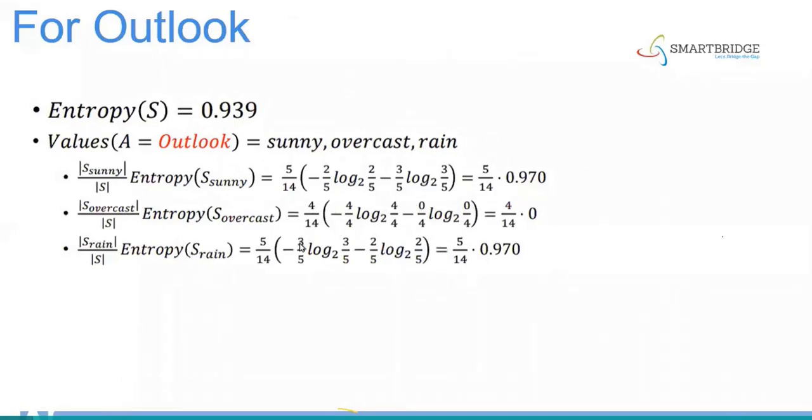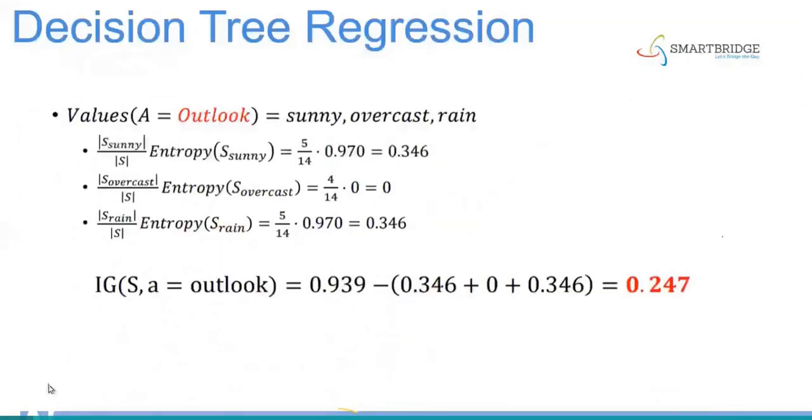In rainy, you have again 5 observations, out of which 3 are yeses and 2 are nos. So you will be calculating the entropies of sunny, overcast and rain and calculate the information gain. Again, information gain is nothing but entropy minus the sum of entropies of the splits.